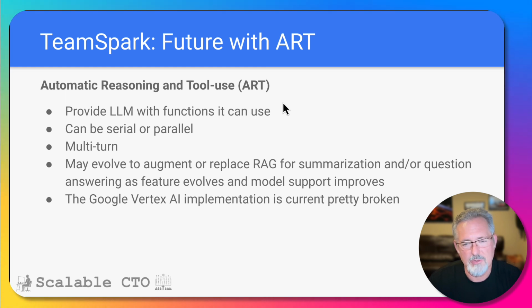So I'm a huge fan, just conceptually, that this will be a way to replace a lot of RAG, particularly for things like summarization and question answering, as the support gets better. The problem is it's not very good right now. The Google Vertex API implementation of functions is badly broken, in my opinion.